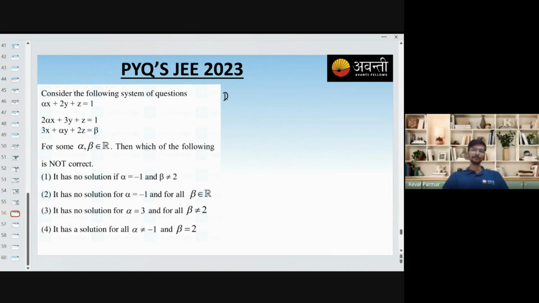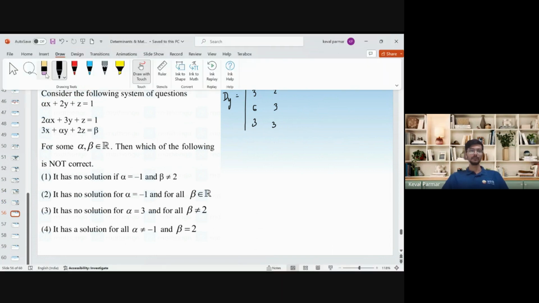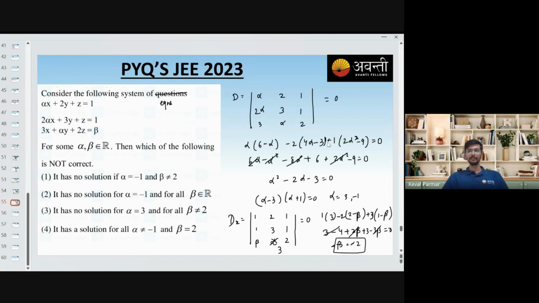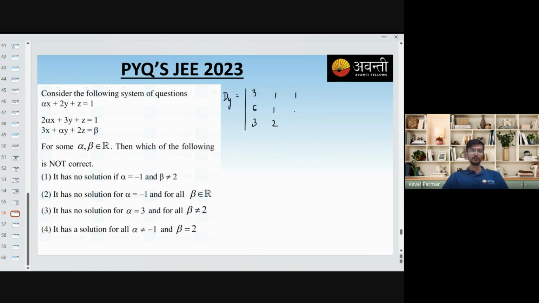Now Dy. Dy will be equal to alpha is 3, 2 alpha will be 6, 3, 2, 3, 3. Sorry, Dy, 1 beta it will be. Beta is 2. And 1 2.